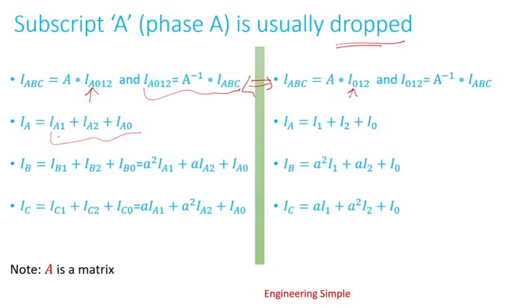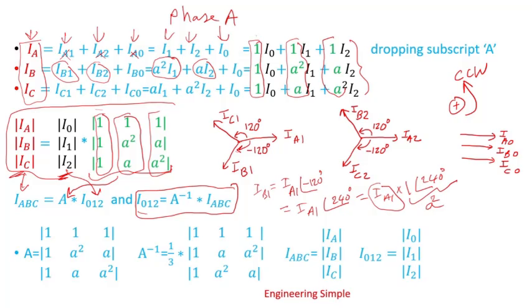Here you see I'm showing A. Here I'm dropping the subscript A, but it's important to remember that. The same thing applies for B and C, and A is just the matrix that I showed previously here.